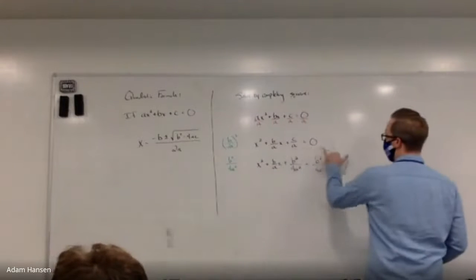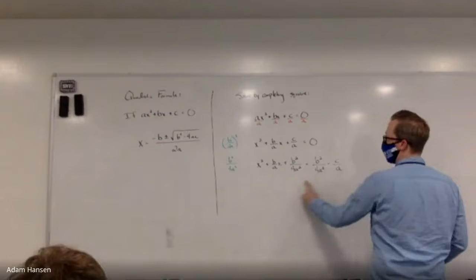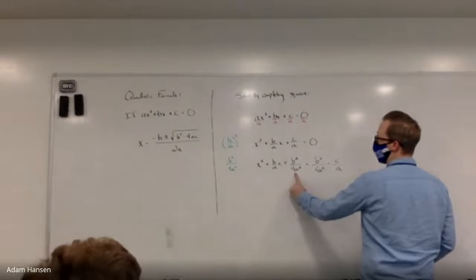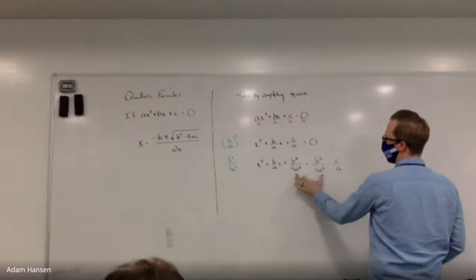I move the c over a to the right to get it out of the way, so that I can add half the b value squared, which is b squared over 4a squared, to each side.